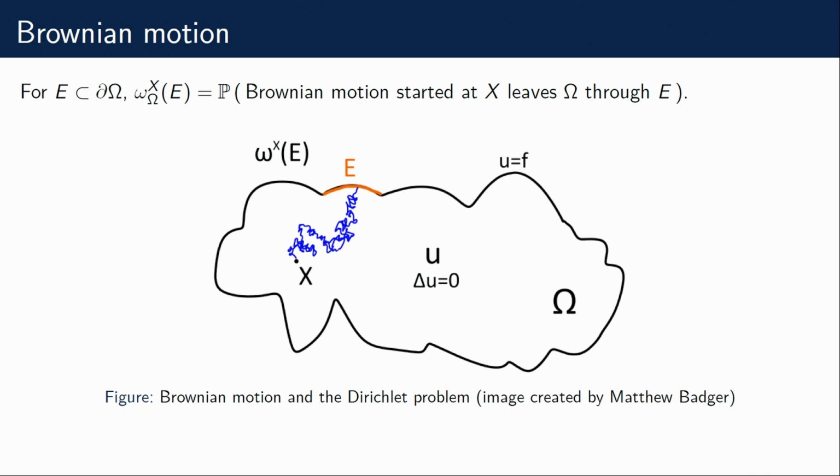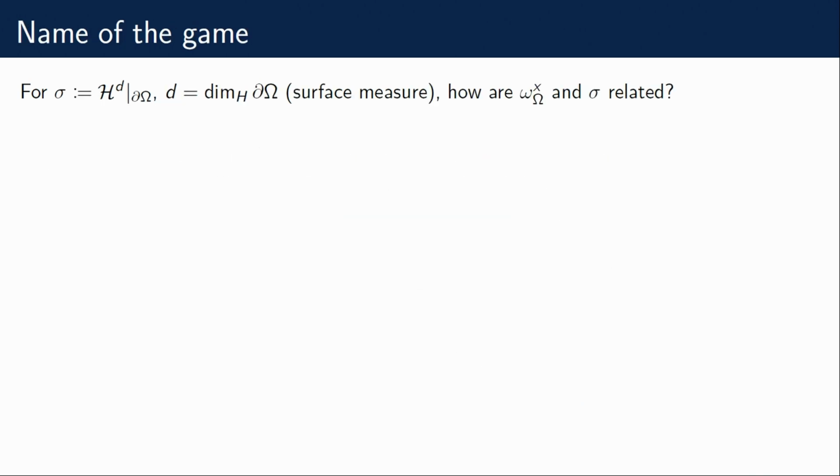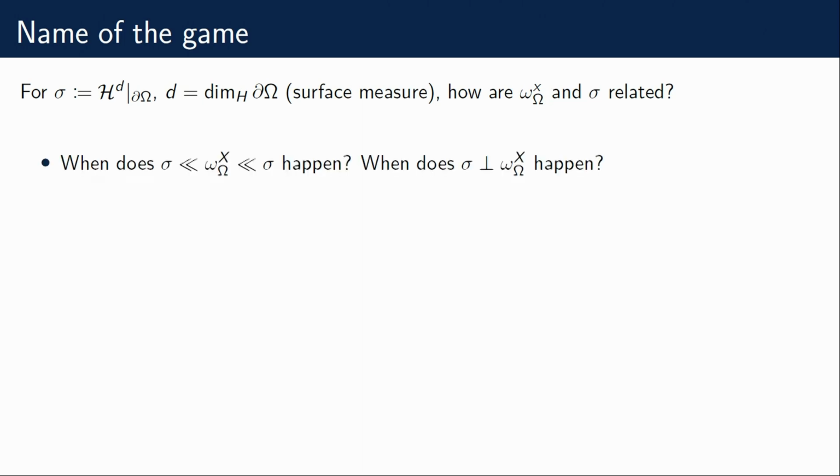Okay. So if we fix a domain and we look at surface measure on the boundary, so you look at d-dimensional Hausdorff measure restricted to the boundary, where d is the dimension of the boundary, I'll call this surface measure. The name of the game here is how are harmonic measure and surface measure on the boundary related? The two most basic questions we can ask are, when are these measures absolutely continuous with respect to one another, and when are they mutually singular?